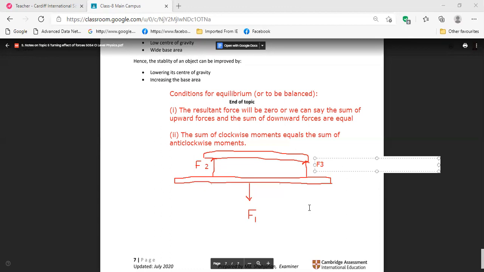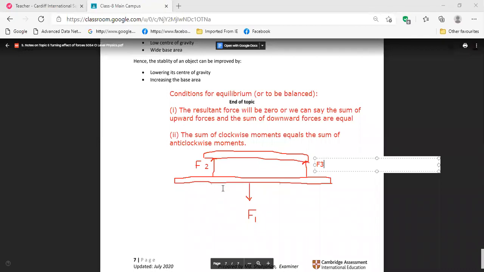So according to the first condition, the resultant force will be 0, or we can say the sum of upward forces and the sum of downward forces are equal. So here the downward force is only one. F1 is working downwards and F2, F3 are working upwards, right? Yes, sir.